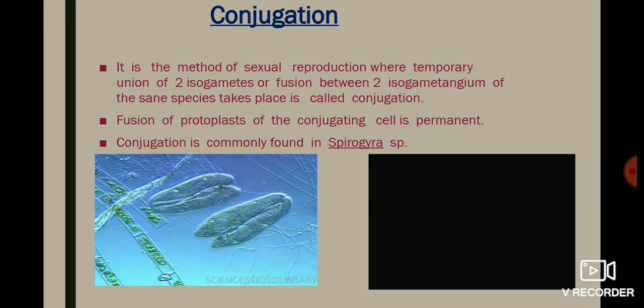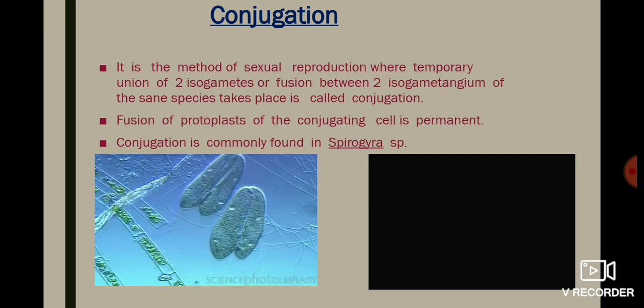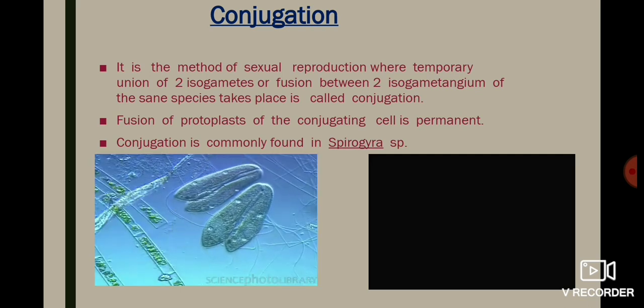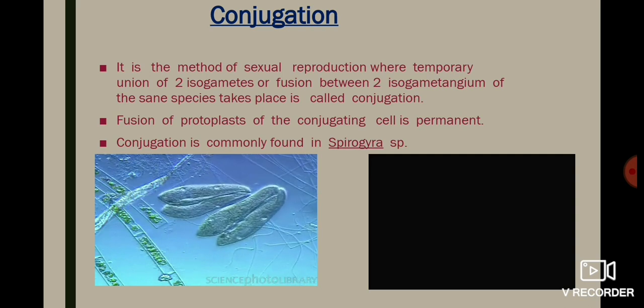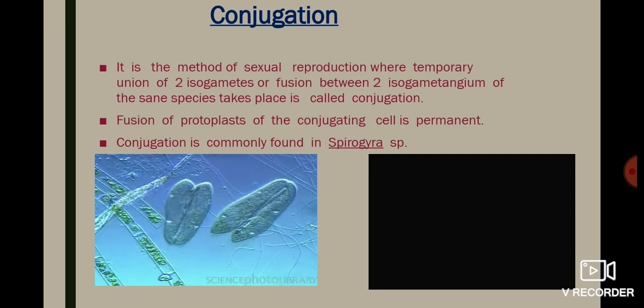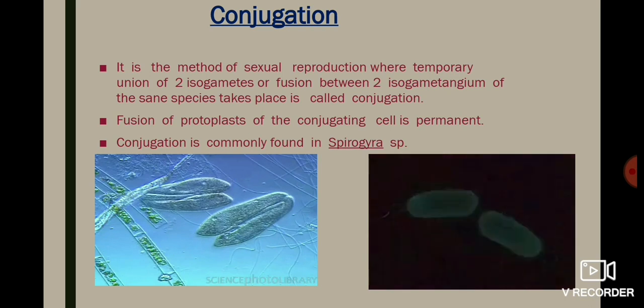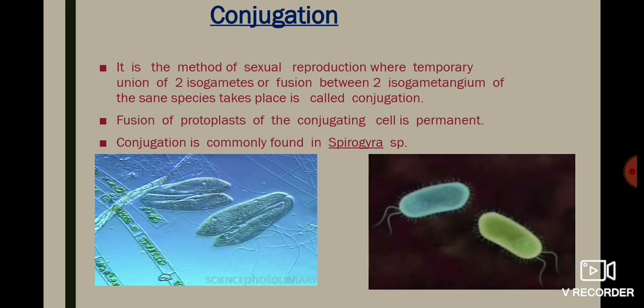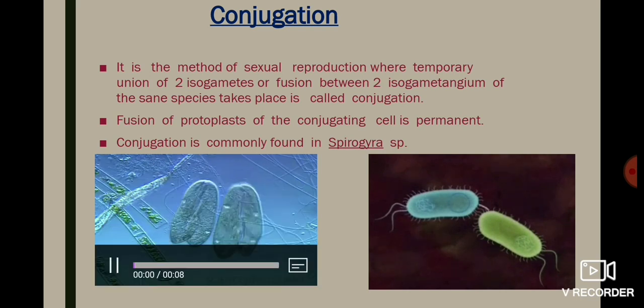So I have given two animation videos. On the left hand side, the conjugation video shows the specimen Paramecium, and on the right hand side you can see the conjugation found in a bacterial cell. So on this side it's Paramecium, and on this side it's a bacterial cell. You can see how it is taking place.